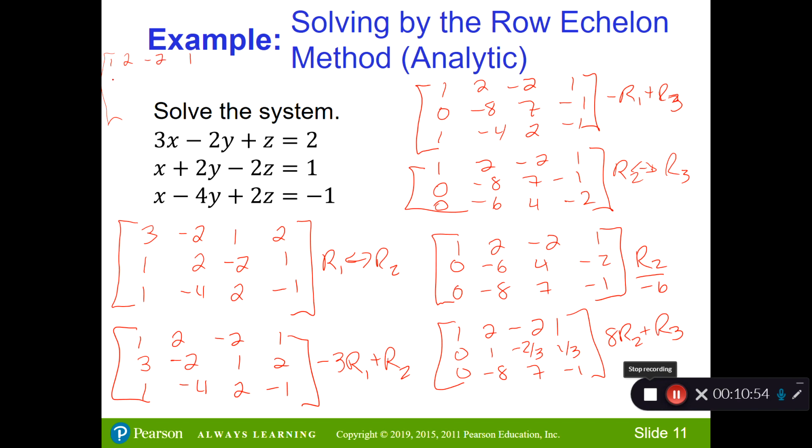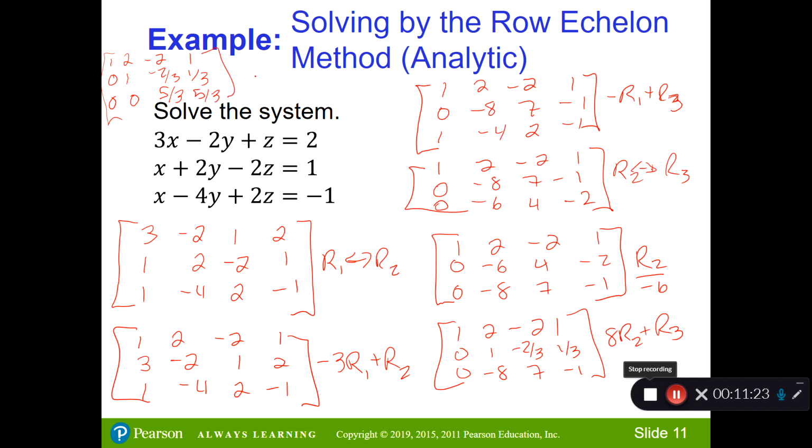Now the second one stays the same, 0, 1, -2/3, 1/3. But then I have 0 added to 0, that's a 0. 8 added to -8, that's a 0. All right, now I'm multiplying this by 8, so it's -16/3 added to 21/3 is 5/3. Multiplying by 8, 8/3 added to -3/3 is a 5/3.